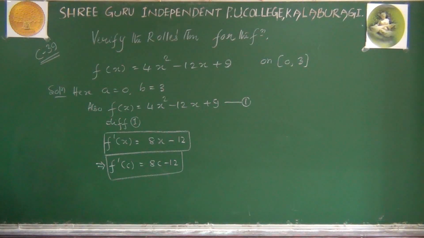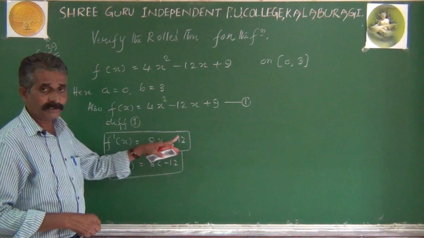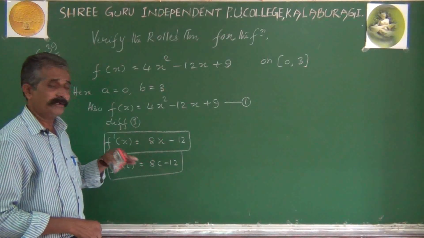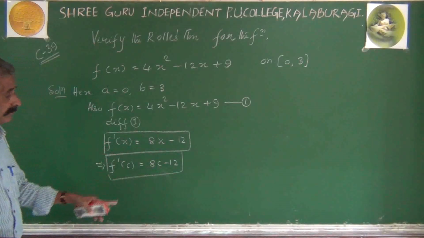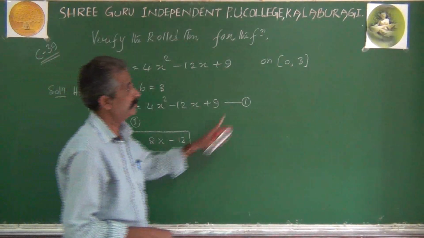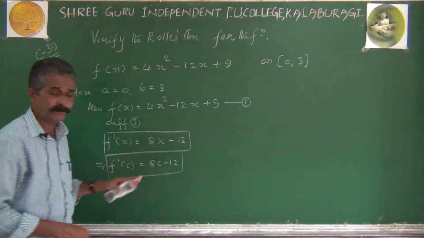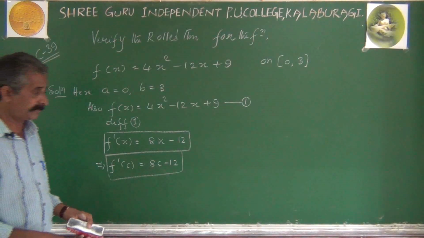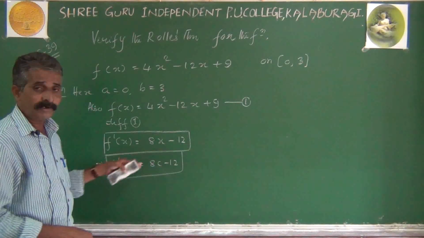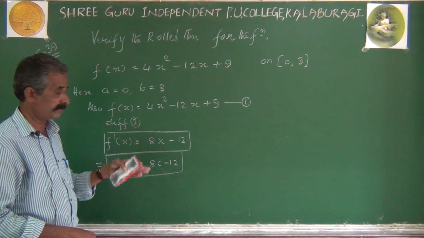You have to judge whether this expression becomes real or an invalid number. It becomes a real number for any value of x in this interval 0 to 3 because this expression does not contain any number in the denominator. As the denominator is not equal to 0, there is no question of non-existence.